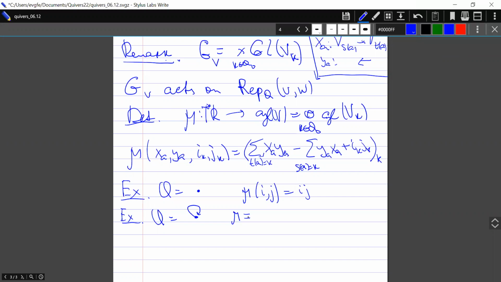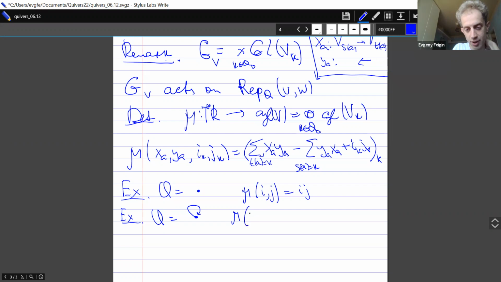Well, it's IJ plus the commutator of X and Y. Indeed. So first of all, mu acts on collections X, Y, I, J. X and Y are mappings from our space to itself, and I and J are maps between V and W. So we have XY minus YX plus IJ.